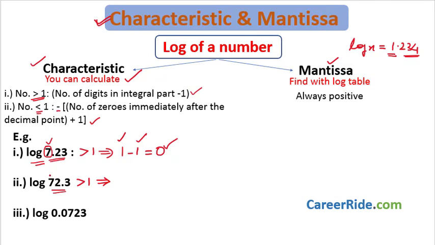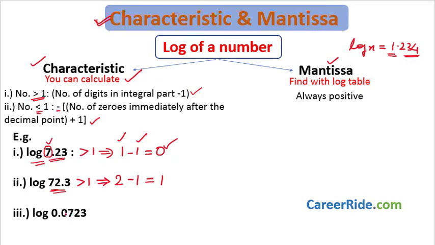Now how many digits are there in the integral part? The integral part is 72, which is 2 digits, and I just minus 1. So the characteristic for this number is 1. Does it look easier now?